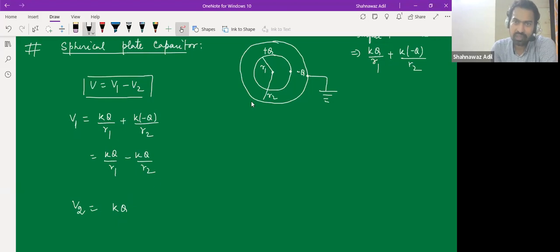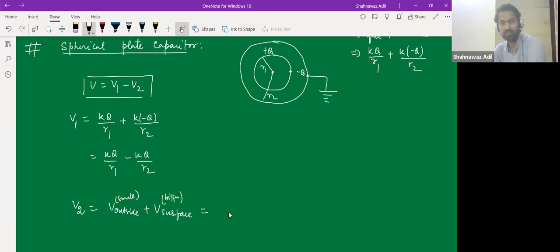So first would be from this contribution, which is V outside, and the other one is V surface. This is a small one, and this is a bigger surface or bigger sphere.